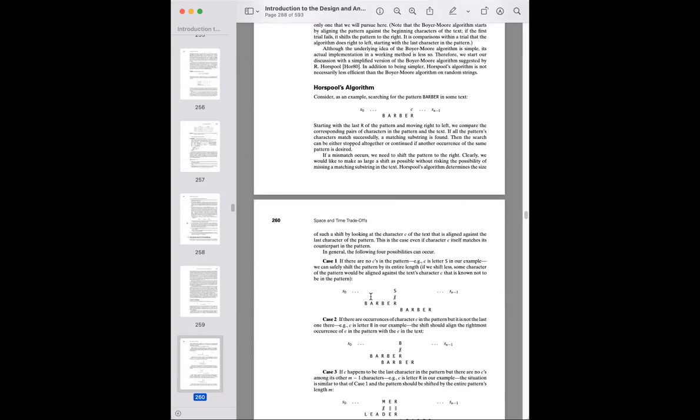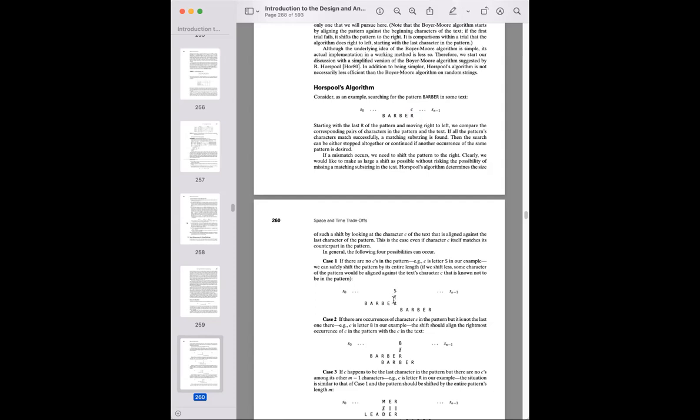So we're looking here, for example, okay, we're at some position in the text, and I'm right here in case 1, just to show what we're talking about here. Okay, so we've tried to place BARBER somewhere into our text. We're looking at this last character, and we see that it's not a match, okay? So when that's the case, there are 3 conditions we can meet. Okay, so we're going to call this position c from up here.